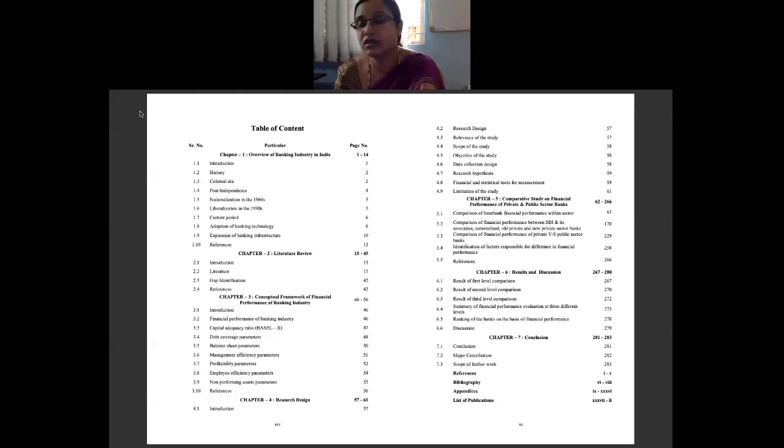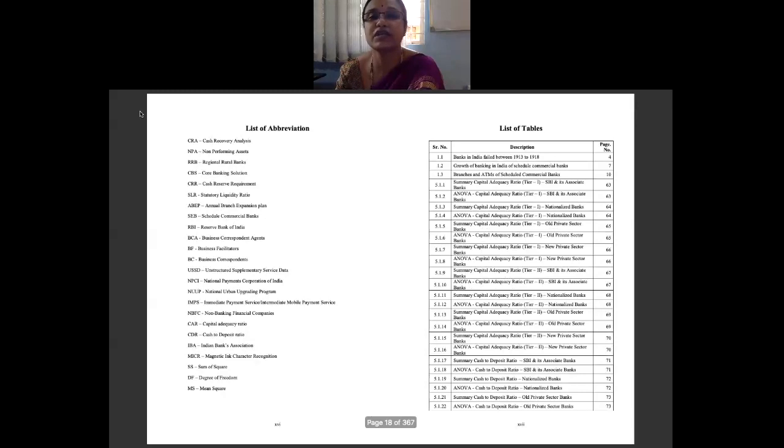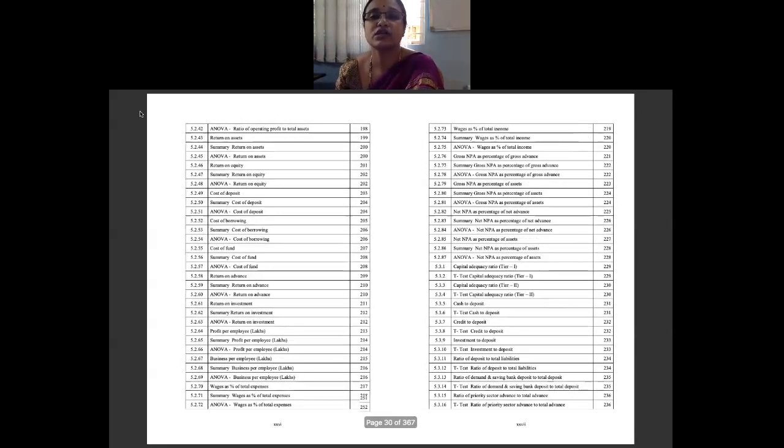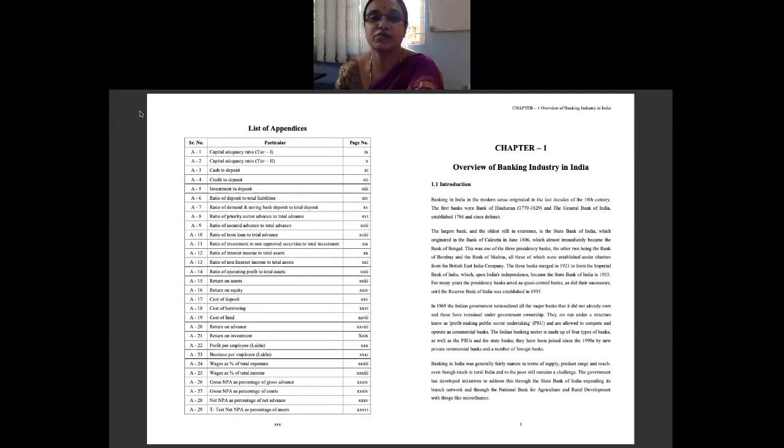Nowadays people are trying to give an abstract of the entire thesis or the paper or the dissertation that you have presented. So as far as possible, try to prepare a summary of what actually has been undertaken. Then the list of tables, abbreviations, list of graphs, all this. That's why I told you presentation is very important.